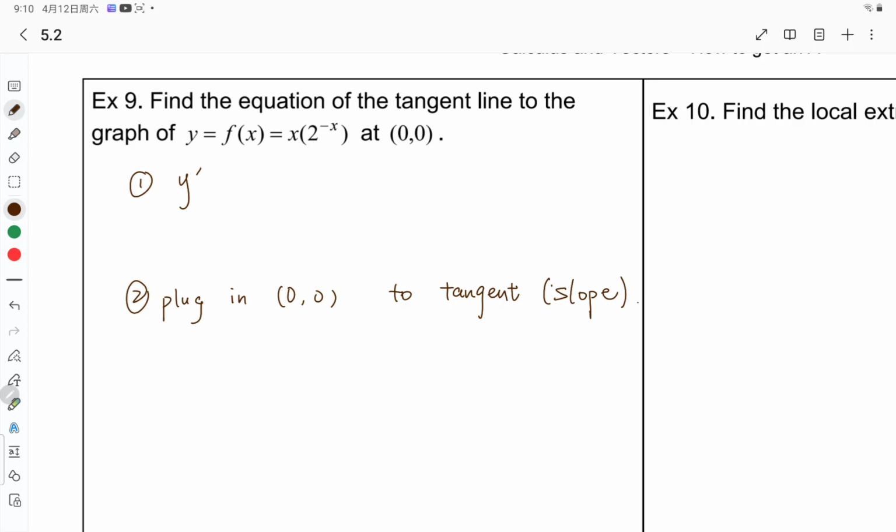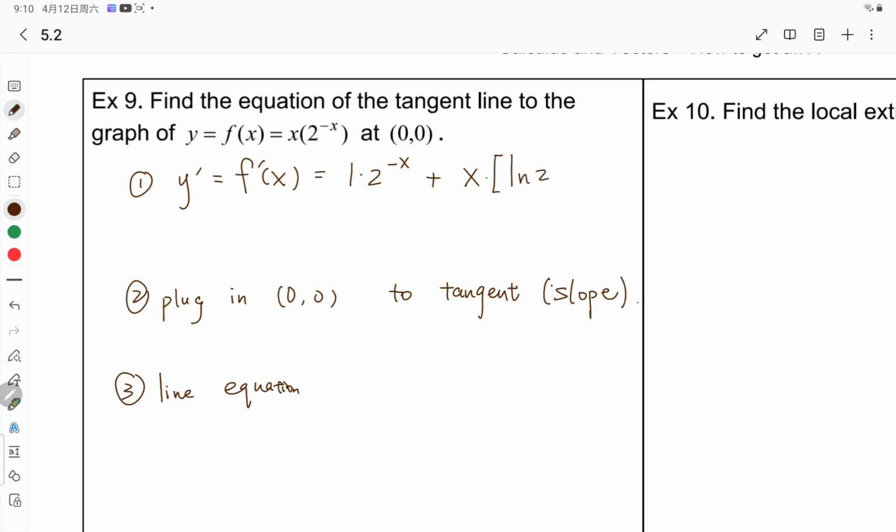Yeah. And then we can write the line equation, right? First, let's see, y prime is f prime of x, and this is, so we can have 1 times 2 to the negative x plus x times, and then this should be ln, right?